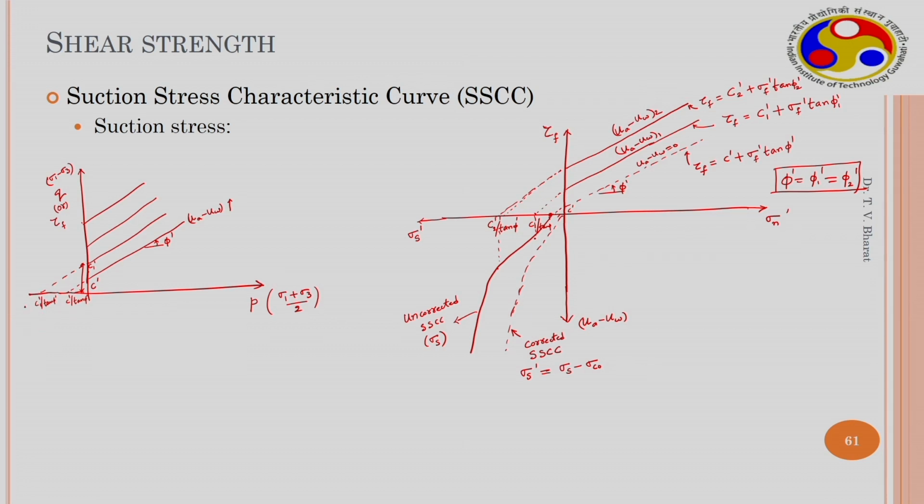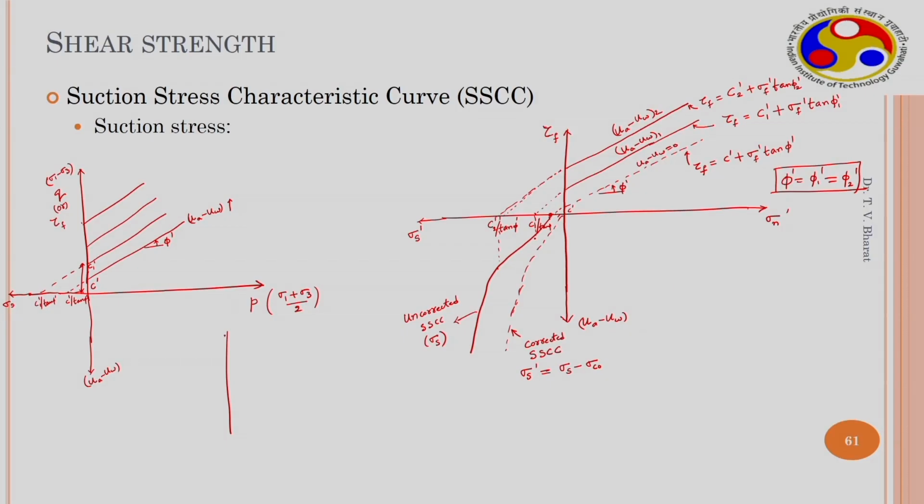Therefore, these are the suction stress values, sigma S values. The matrix suction at which these tests are conducted is also known. So, UA minus UW axis is known, and these y axis values are obtained from cohesion intercepts, and therefore sigma S is known and UA minus UW is known. So, we can plot sigma S versus UA minus UW.